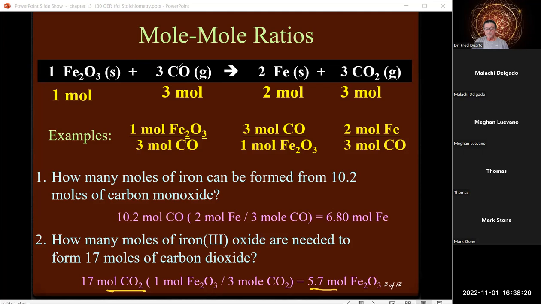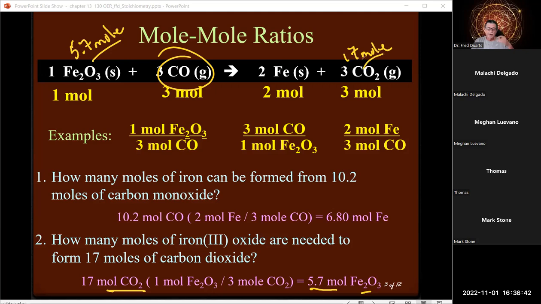And then the carbon monoxide, they probably run it in excess to ensure that you have enough to react with this. Okay, so this is run in excess, and then you start off with 5.7 moles of iron 3 oxide, and that theoretically would give you 17 moles of carbon dioxide.